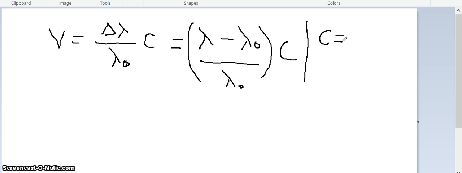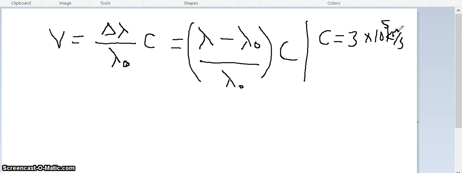So we're going to use 3 times 10 to the 5th kilometers per second.